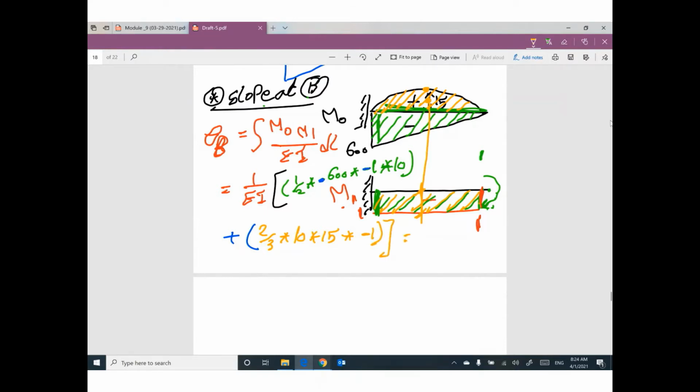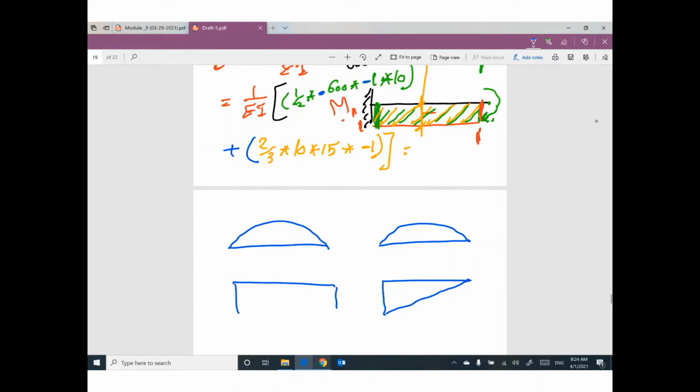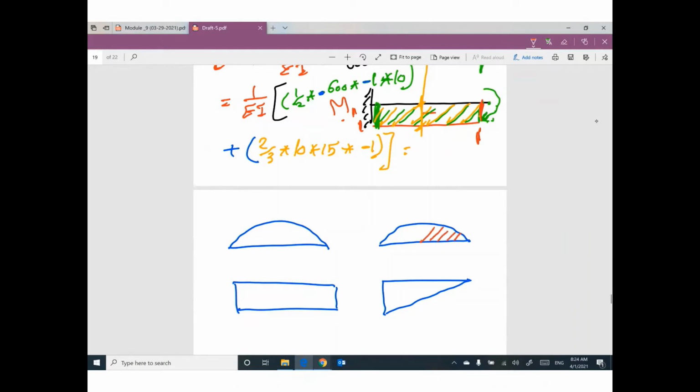So guys, keep in mind, one more time: if you have a parabola with a triangle, or a parabola with a rectangle, it is the same scenario. The area of the parabola times the corresponding value at its centroid.